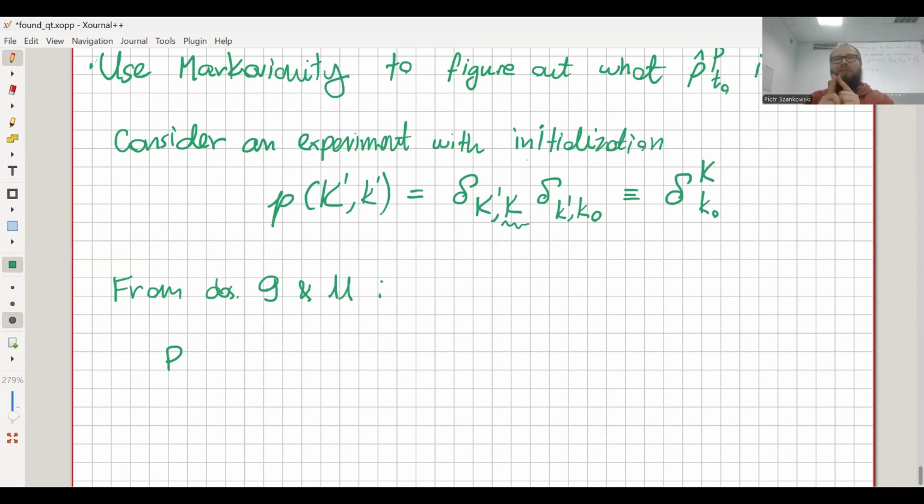So we are doing a rapid measurement of the same observable, using Markovianity and probing the uncertainty relation. We make a measurement with device K, with initialization denoted by this delta symbol at T0 plus some delta T, and we take the limit delta T goes to 0.